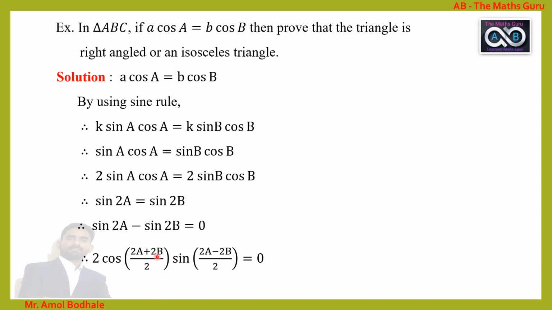Now here we can take 2 common from the numerator and cancel with the denominator. So therefore 2 times cos of a plus b into sine of a minus b. So we can cancel 2 from both sides.